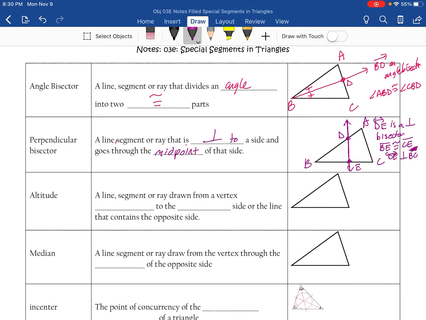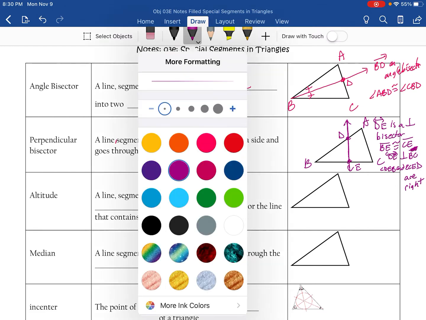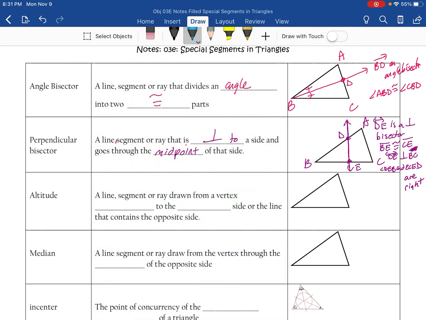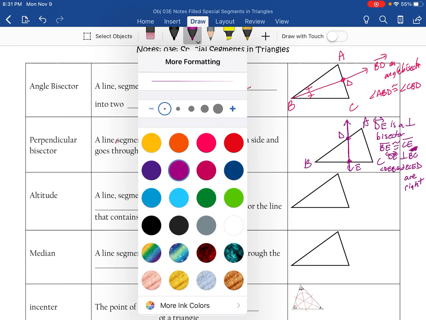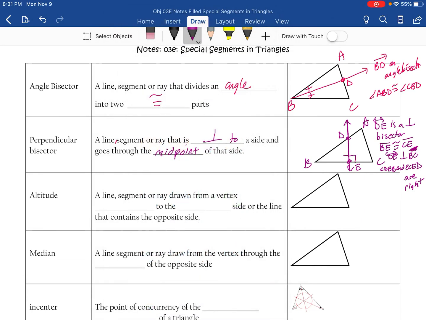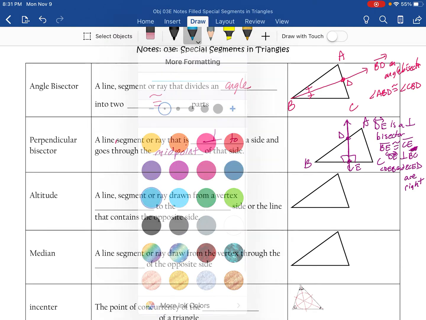And you can also conclude that angle DEB and angle CED are right, that all of those angles are right. And next time I'll put a little bit more space. Before, I just want to mark that in my diagram, that this right here and this right here are right.